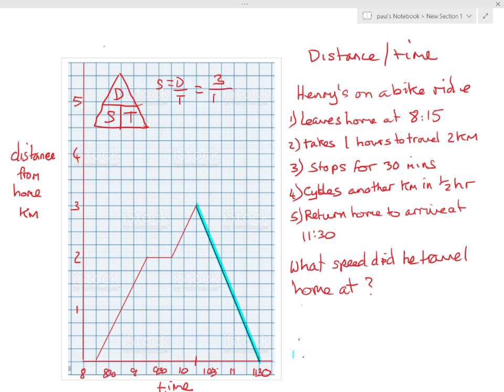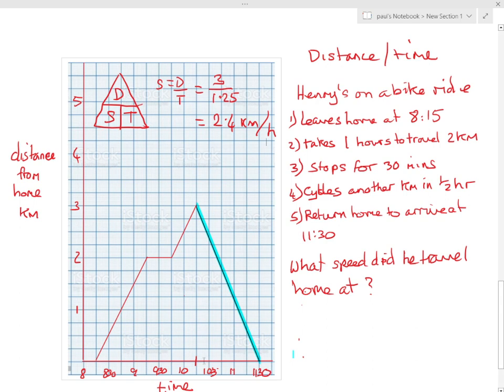So that's to be divided by 1.25, changing the quarter of an hour into 25. That equals 2.4 kilometers an hour.